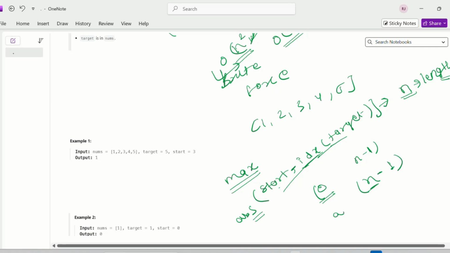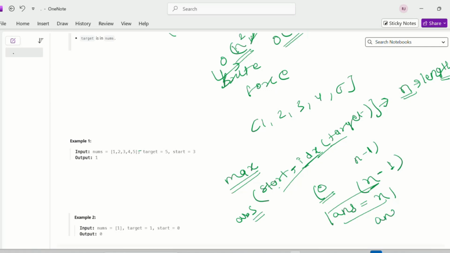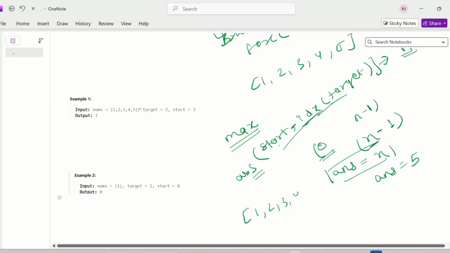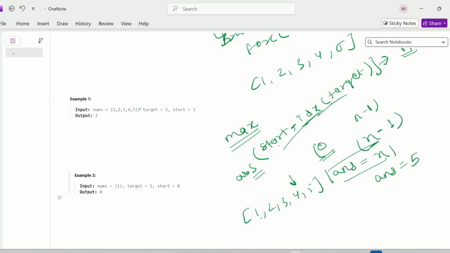So we initialize our answer with n, which is 5 here. This array is 1, 2, 3, 4, 5. Start is 3, so start is here, and the target is 5.